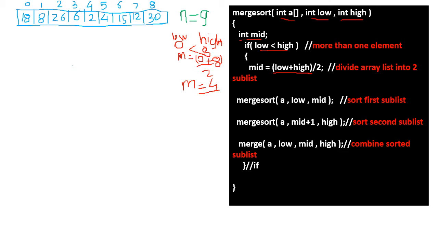We divide the entire list into two sublists: one is from 0 to 4, and the other list is from 5 to 8.